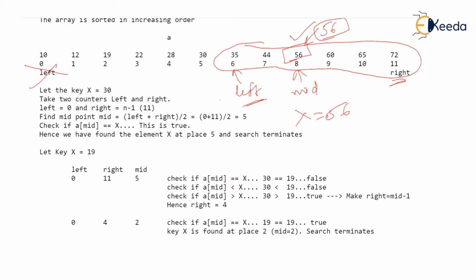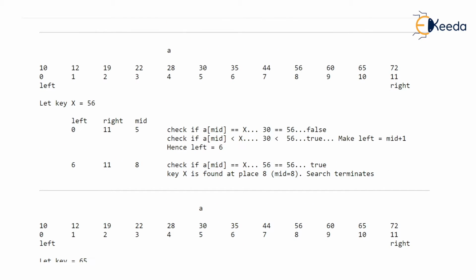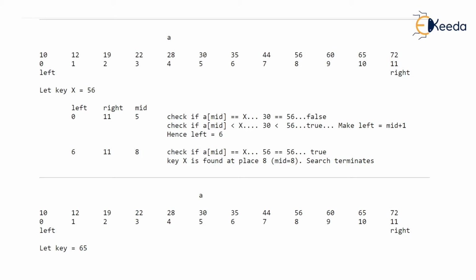That was what I was discussing. If we want to search 56, then left is 0, right is 11, first time mid is 5, but then mid is not storing 56. But then A of mid is less than 56, isn't it? As A of mid is less than 56, we will change left, and left will become midpoint plus 1.